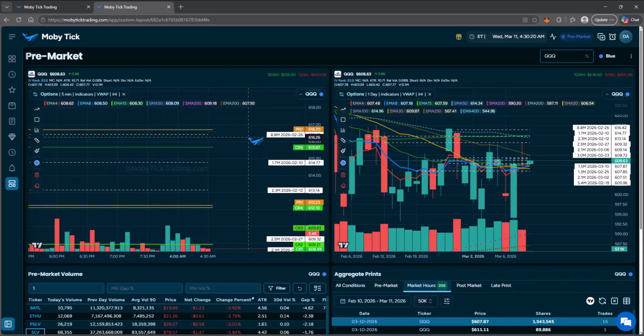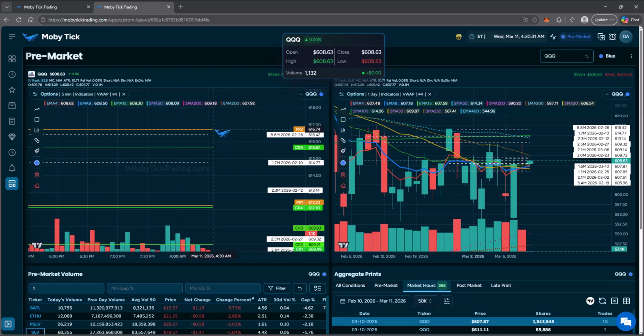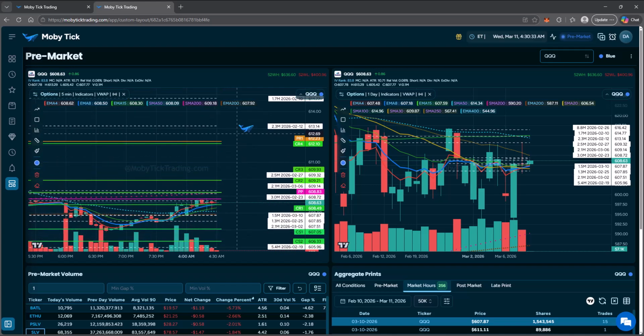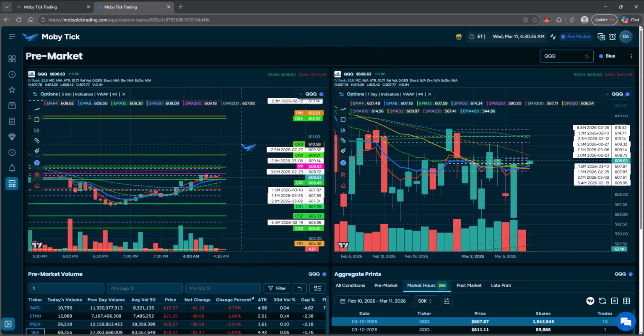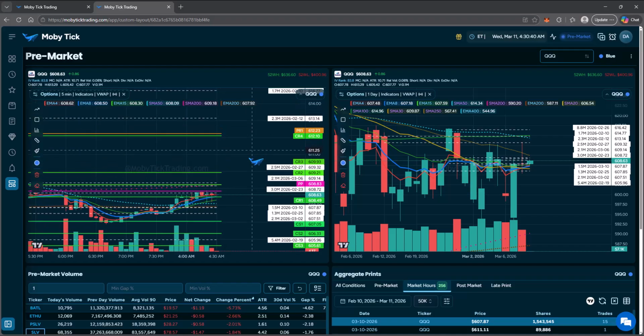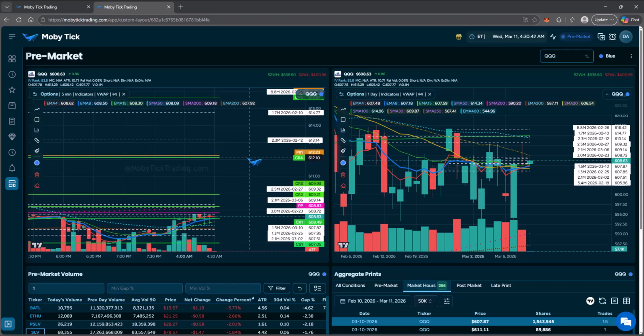Then we've got 616.42 and 616.70, 8.8 million shares right here. That's a couple billion right there, so careful with that coming up to the R2. If we've got this trend moving up, you can at least see where it's going to pull back, maybe another buying opportunity with the increasing volume.